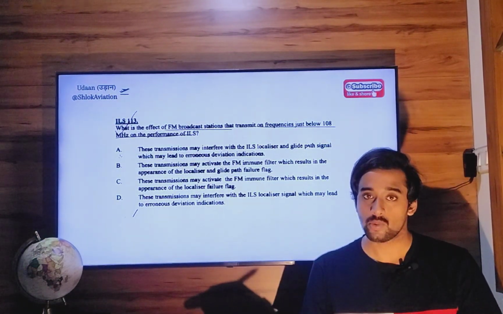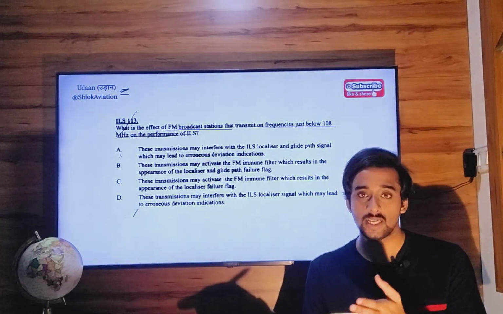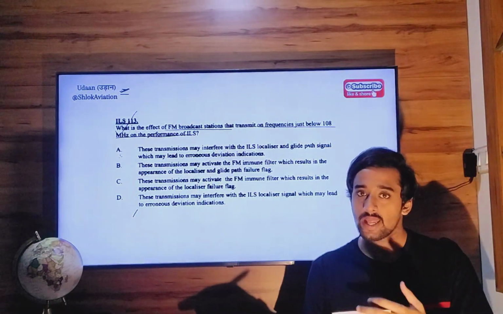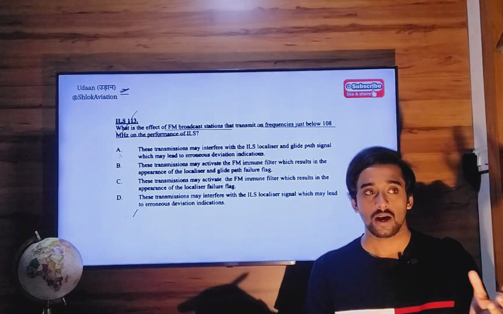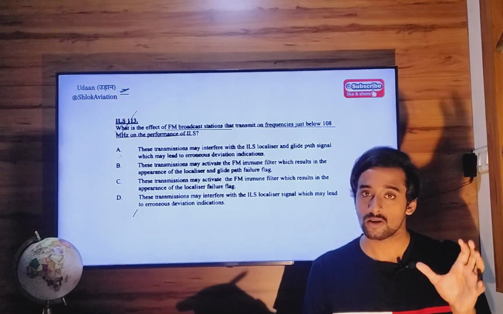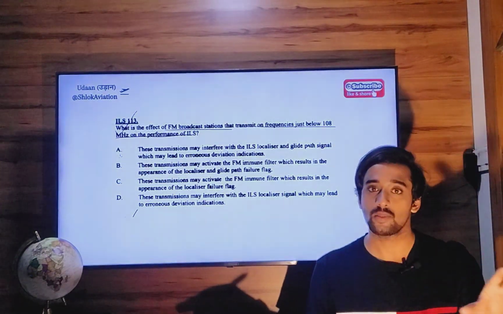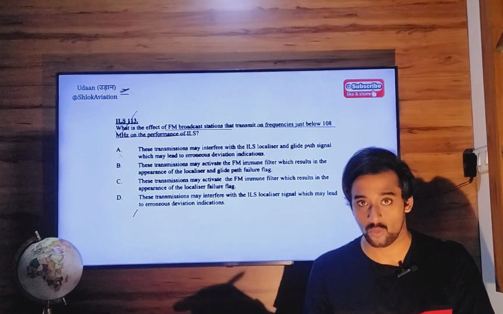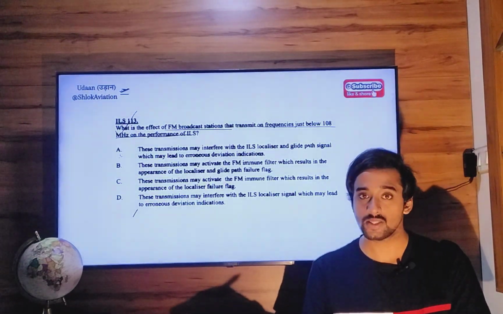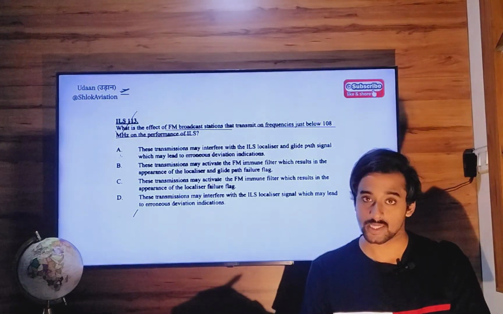So the main carrier frequency of these radio stations will have variations in frequency superimposed on it. Using this frequency modulation, information is transmitted via the main carrier wave. There is a high chance that these variations may interfere with your ILS localizer frequencies.